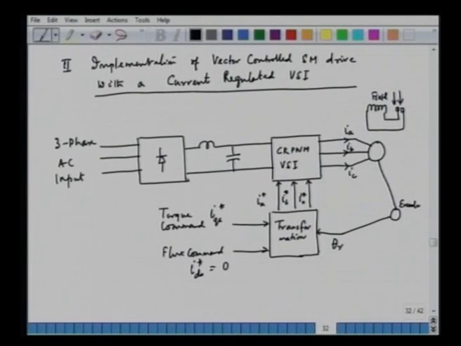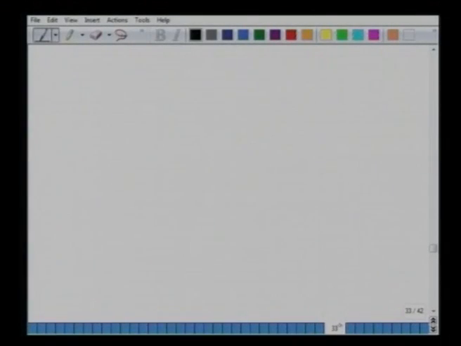And what we have here is that we are able to transform, in this case we have a transformation here, and we transform IDS and IQS into IA, IB and IC, and this IA, IB and IC are the reference currents for the CR PWM VSI. Now, what is this transformation? This transformation we have already discussed in the previous lecture. Just to recapitulate that once more, we can write down the transformation once again.